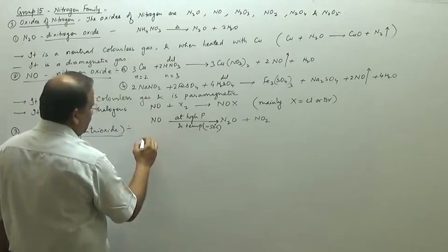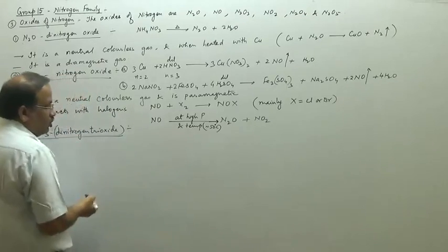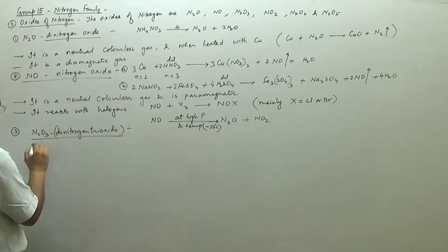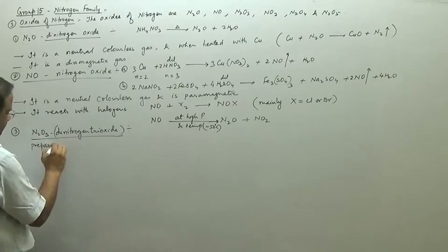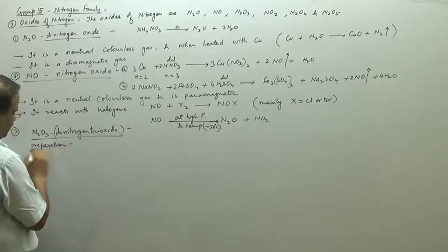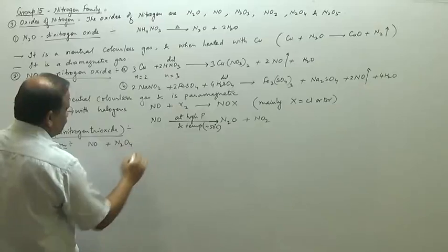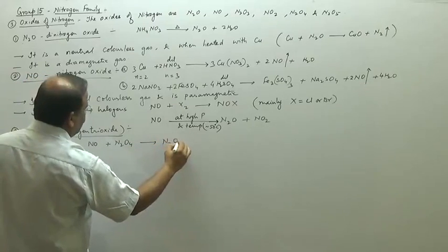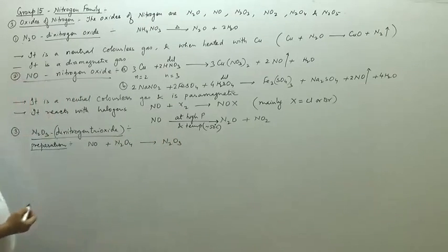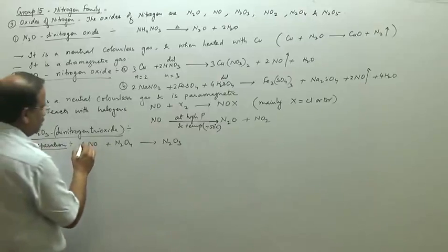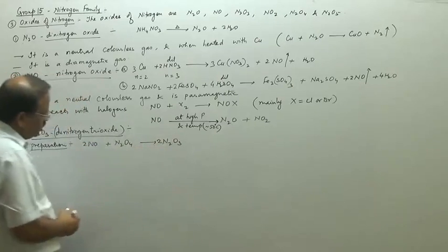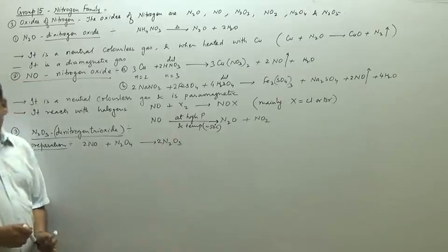That is the preparation method. When NO and N2O4 are mixed, we get N2O3. We balance that, twice of this, and that is how we get N2O3.